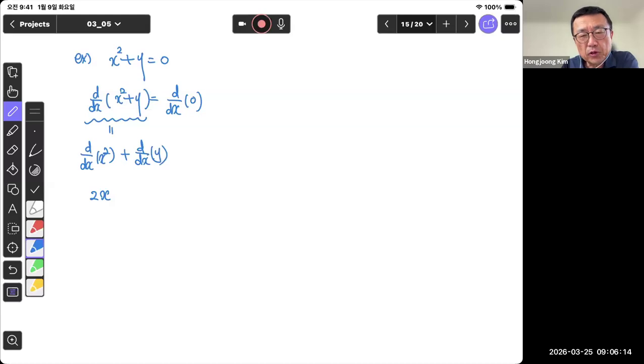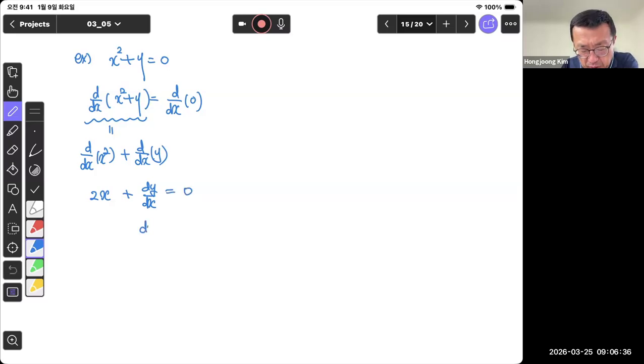When you differentiate y with respect to x, you get dy dx by definition. And since the right hand side is just the constant 0, differentiating it with respect to x gives 0.